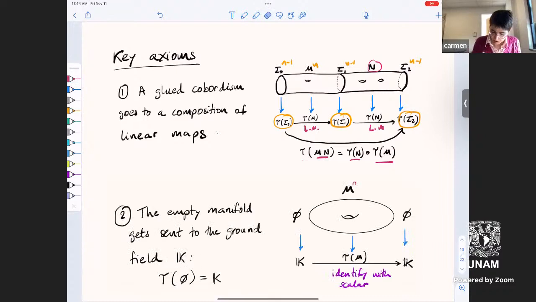Another axiom that we are going to need. Carmen, yes? What is your source category? Is it the cobordism category? Is it the homotopy cobordism category? It's just the cobordism category. And your target is vector spaces? Vector spaces, mm-hmm. And you have a functor from the topological category to the usual category?